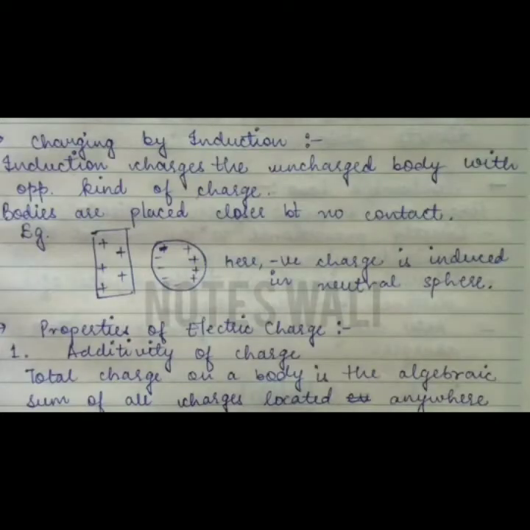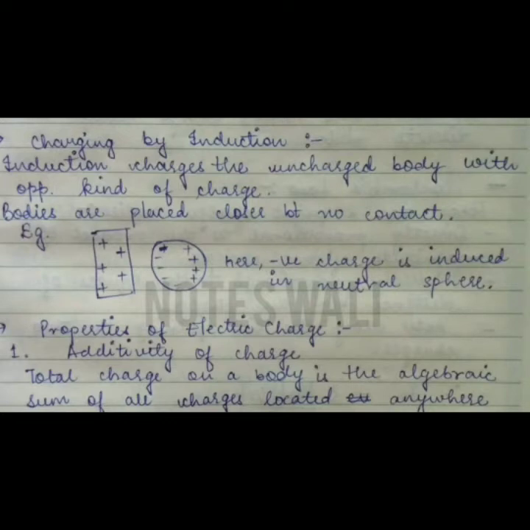In this we do not make the objects contact; we only place them very close to each other, a neutral object and a charged object. The charged object induces the opposite type of charge on its closer side in the neutral object, and we attach an earth wire to the other side of the object.